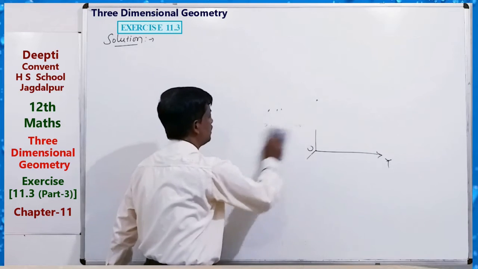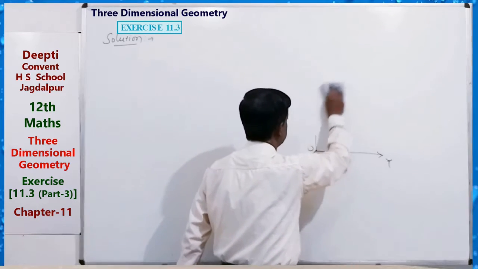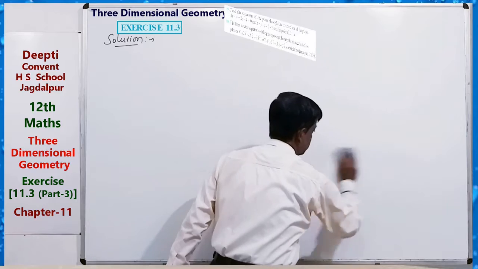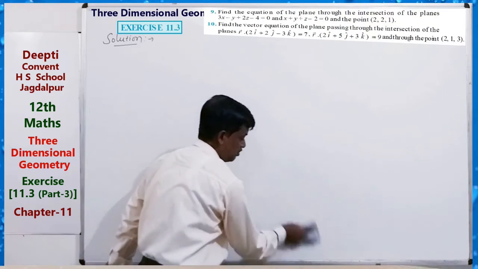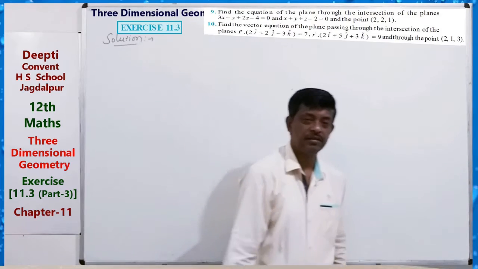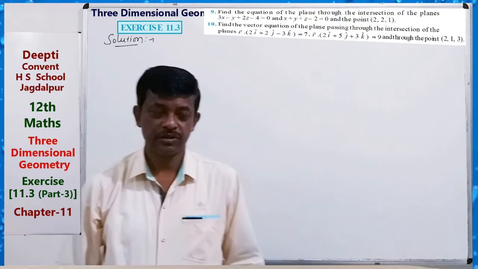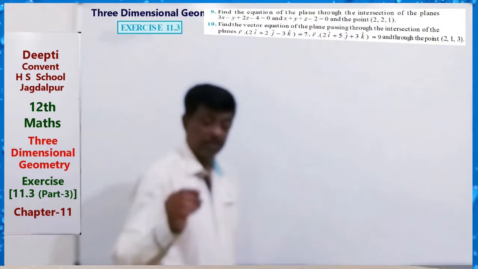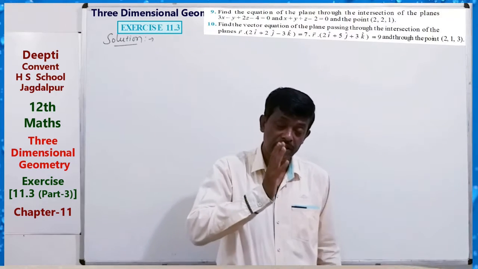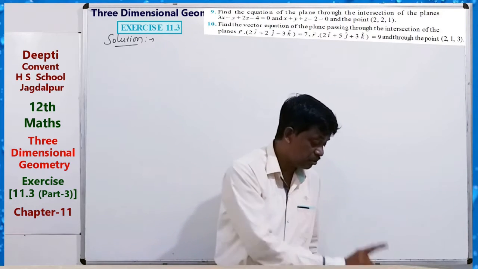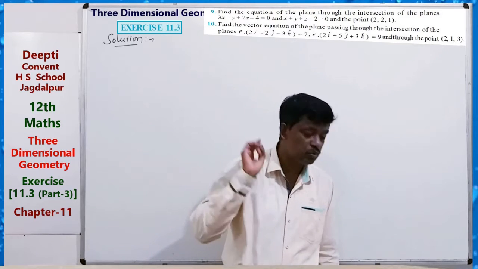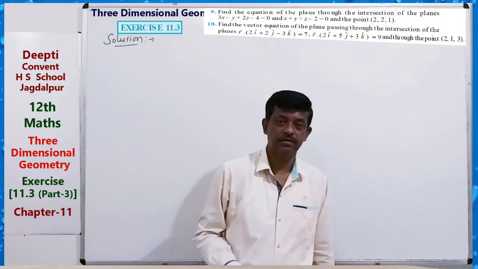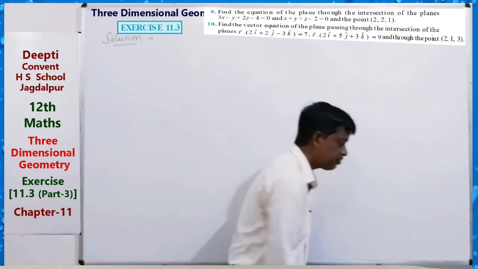So infinitely many planes may pass through that line. We have to find the equation of the plane which passes through a given point.